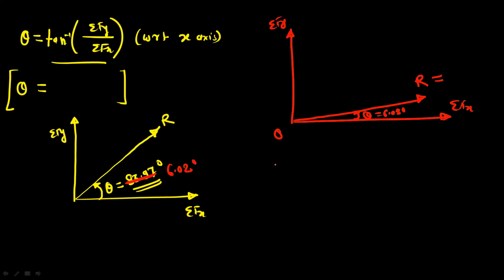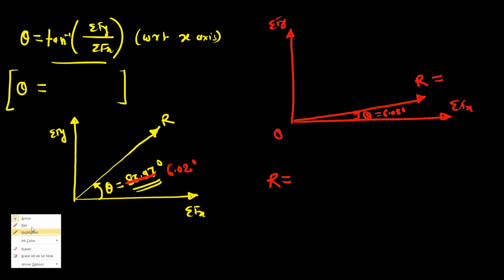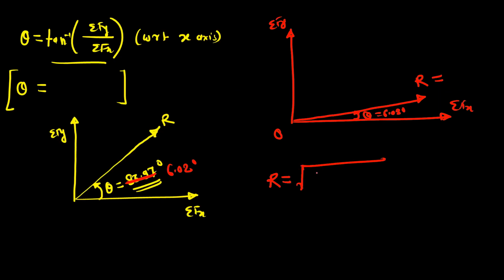And the representation, that is your final answer, will be R is equal to, so its magnitude is, what is the magnitude of the resultant? You should use this formula to find out the magnitude, square root of summation Fx square plus summation Fy square.